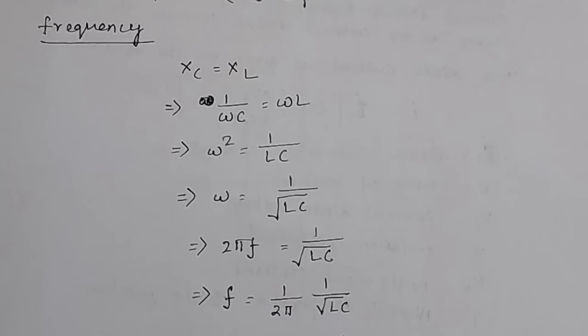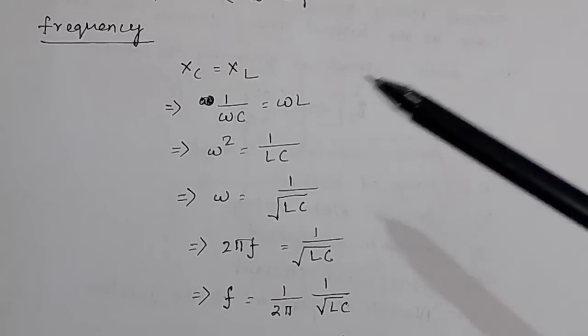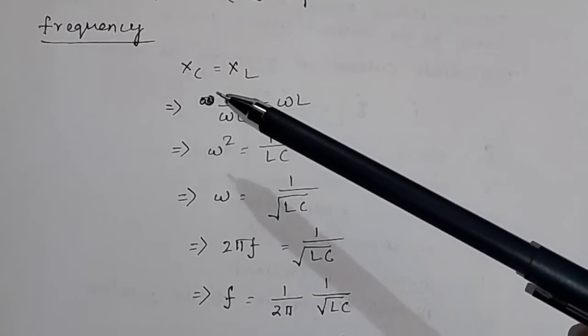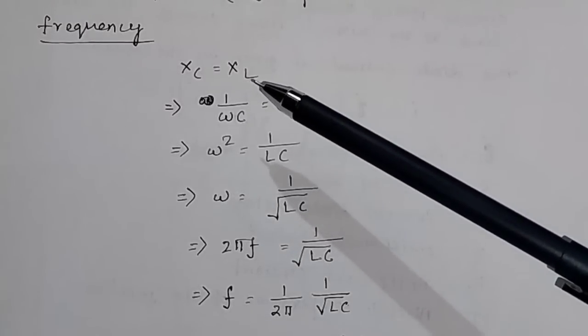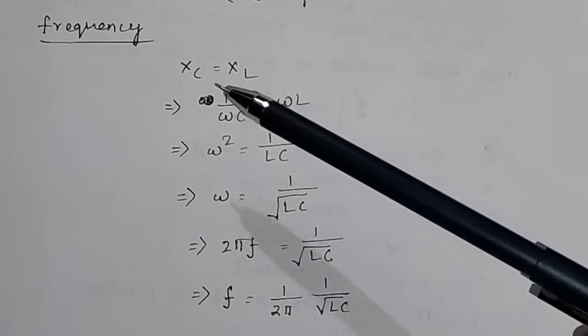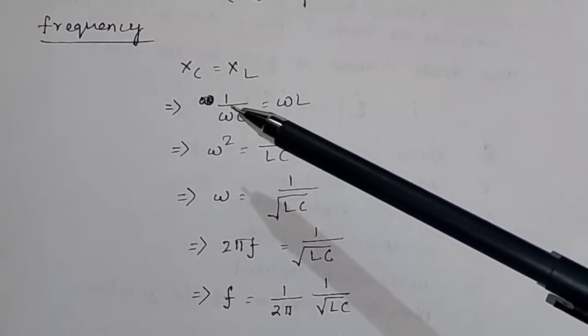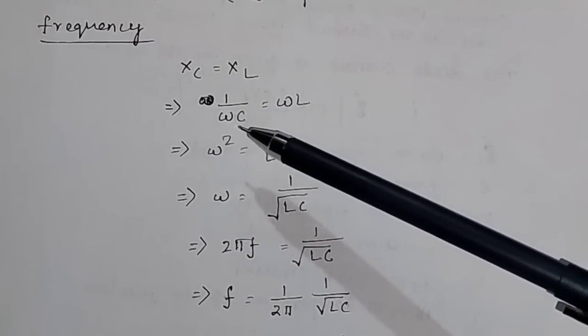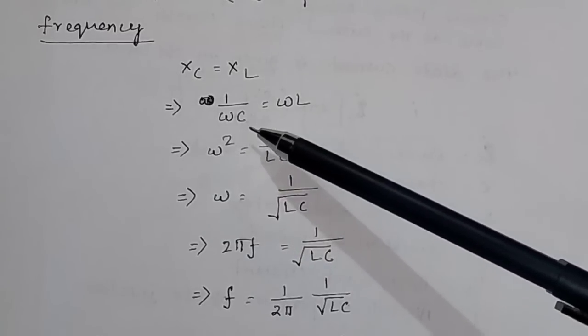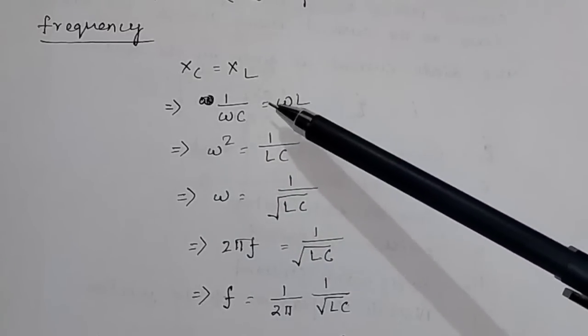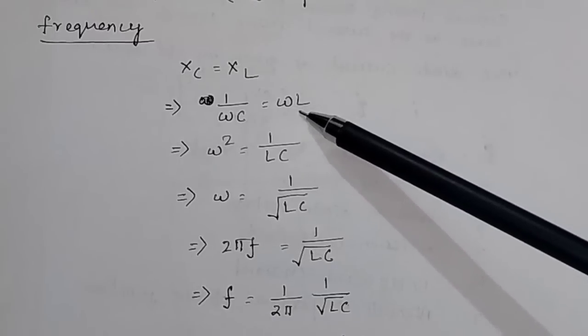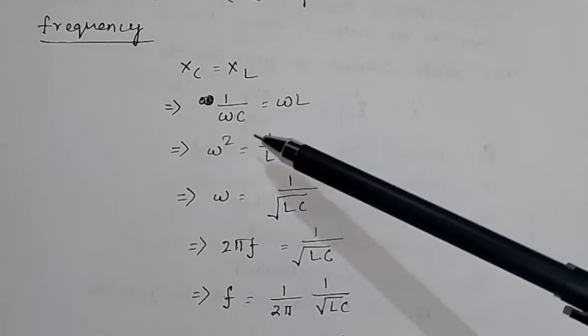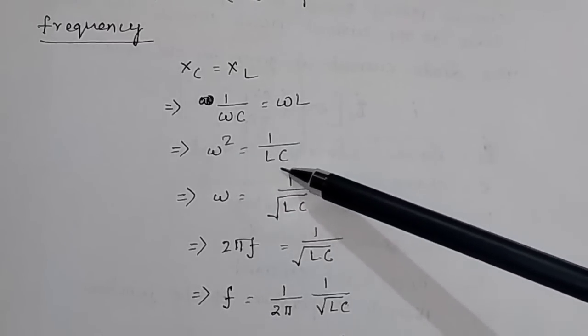Then you write about frequency of oscillation. At resonance, the reactance produced by the capacitor will be equal to the reactance produced by the inductor. Xc is equal to XL, and what is Xc? 1 by omega C. Omega is the angular frequency, C is the capacitance of the capacitor, and what is XL? That is omega L. L is the inductance of the inductor, so omega square will be equal to 1 by LC.